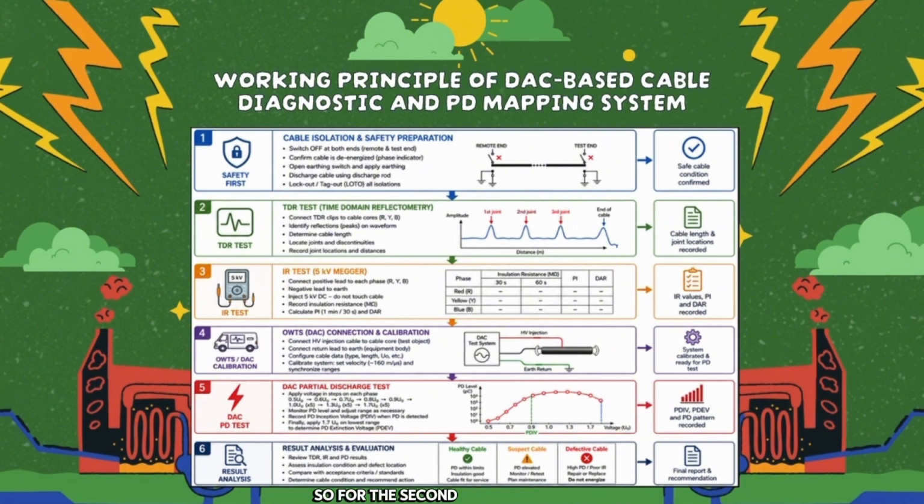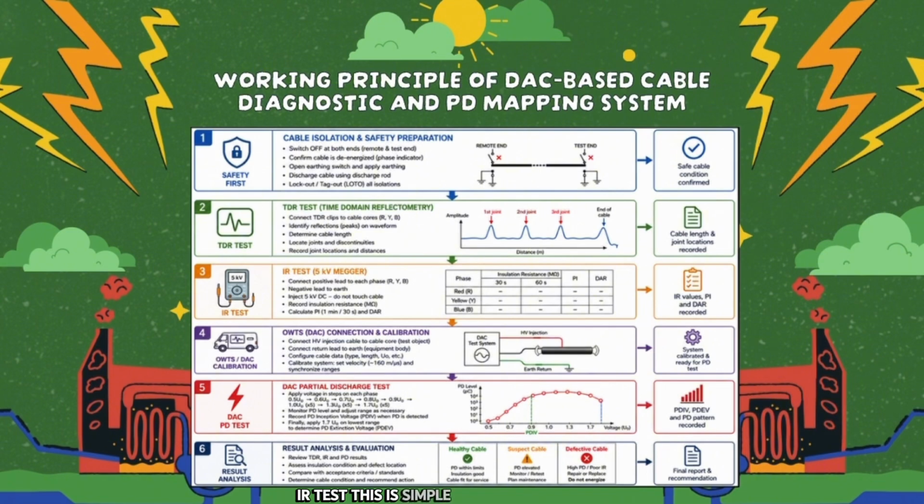So for the second step is the TDR test. We connect time domain reflectometry clip to the cable core, red, yellow, blue phase to map out the physical line. By identifying wave reflection peaks, we calculate the absolute cable length and precisely map the exact physical distance of cable joint or structural discontinuities. And so for the step 3 is the insulation resistance IR test.